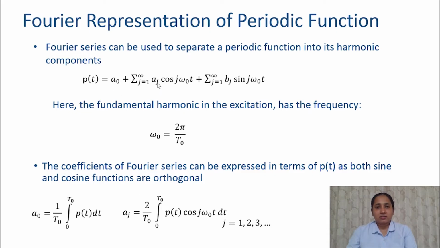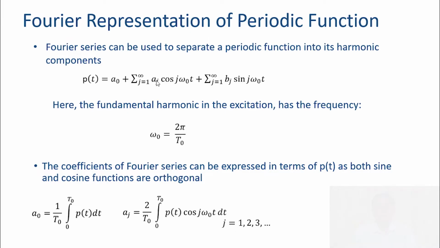And aj, that is the coefficient of the cosine terms, are calculated like this: 2 by t0 integral 0 to t0 p(t) cos j omega naught t dt. So to find aj, we have to integrate p(t) multiplied by the cos harmonic. And it can be found out for all the values of j ranging from 1 to infinity.